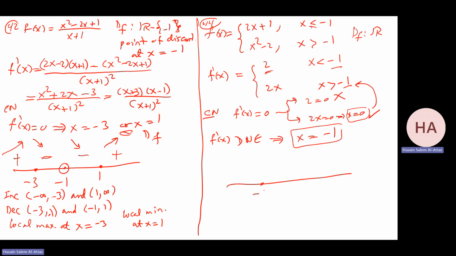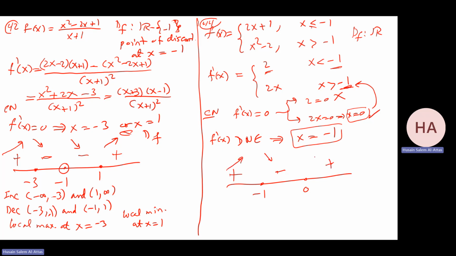Now we'll put these numbers, -1 and 0, and then check the sign. Take a value -2. It will be here, and f prime will be positive. Between -1 and 0, take a value, substitute, and we have a negative. After 0, it will be positive.